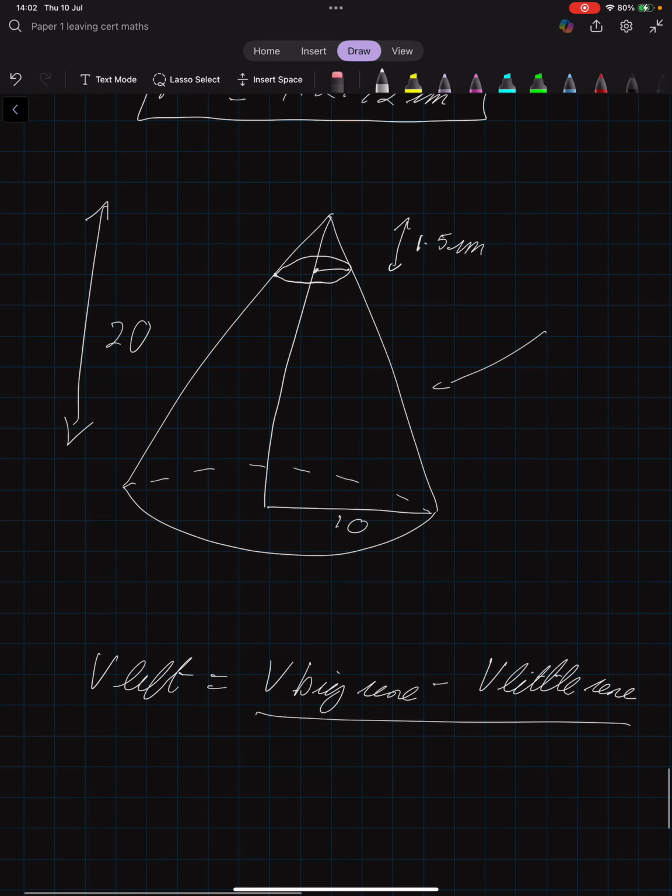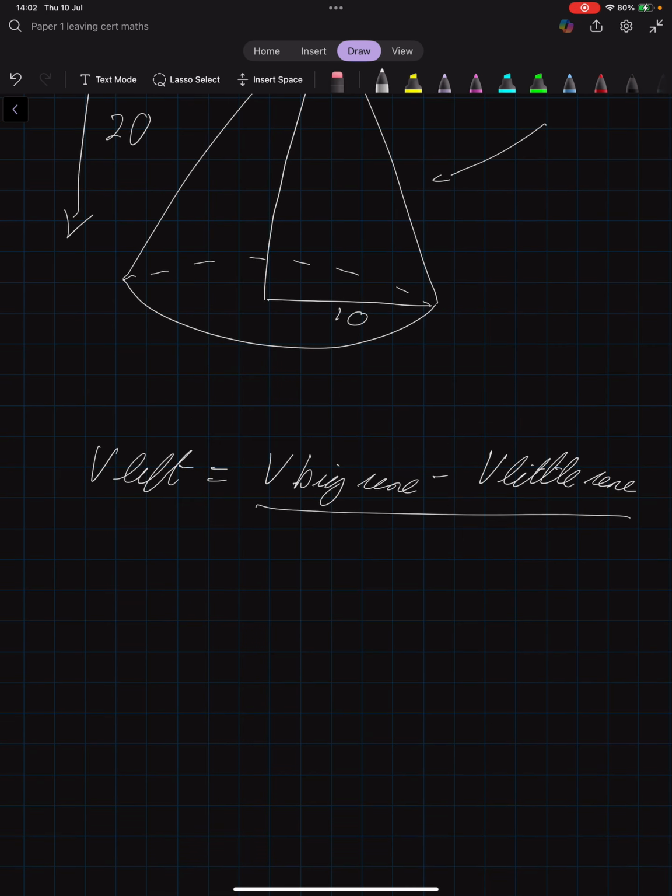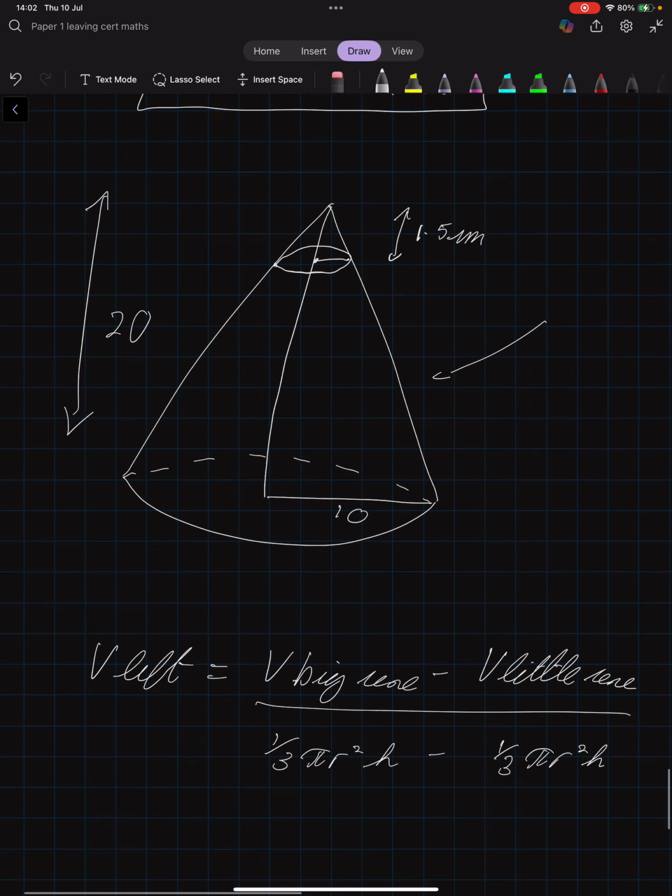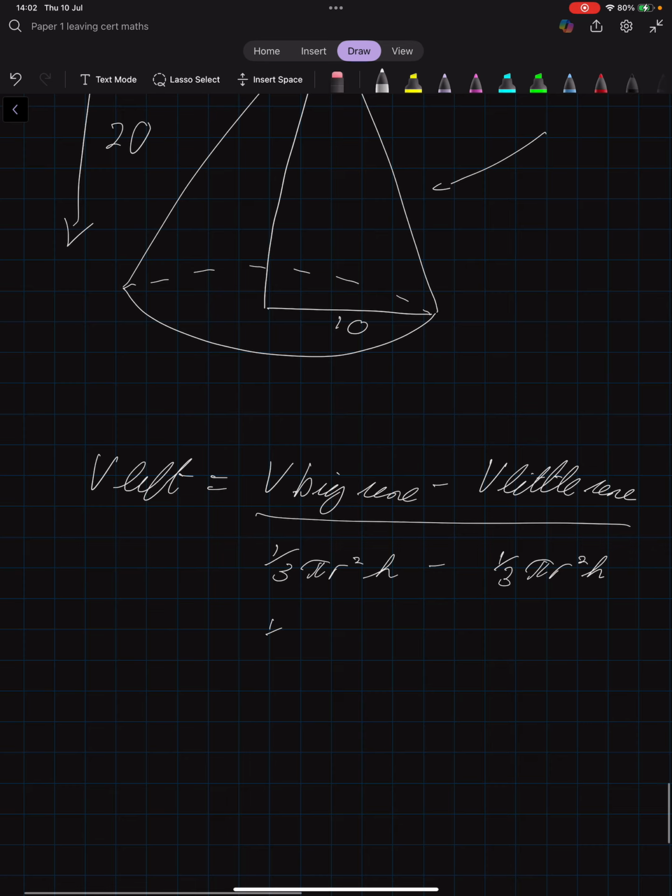So first of all, what's the volume of the big cone? What's the total cone? The volume of a cone is 1/3 pi r squared h. Okay, so the big cone is 1/3 pi times r squared.